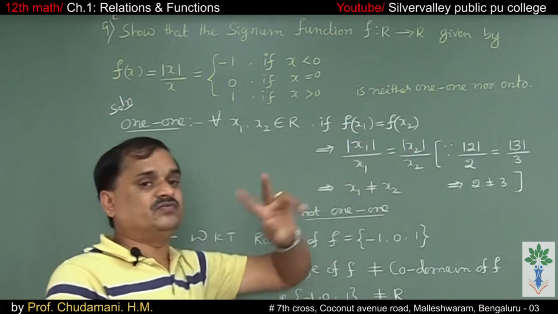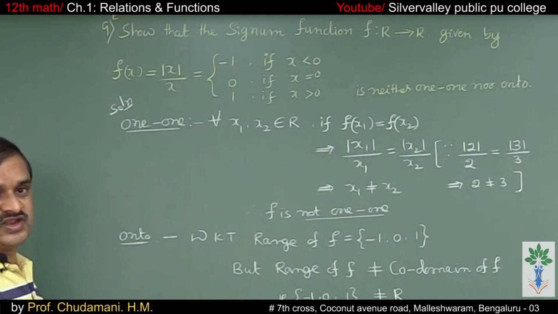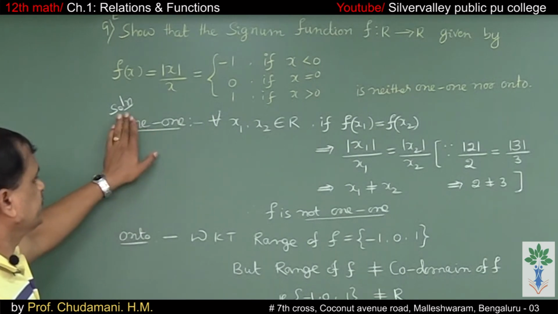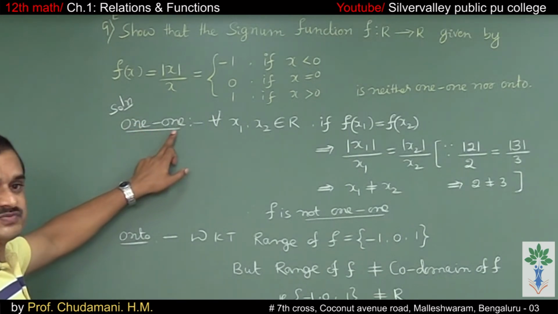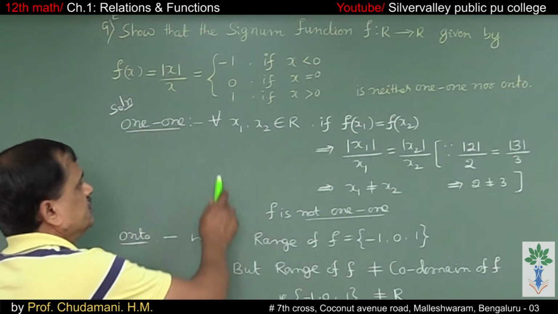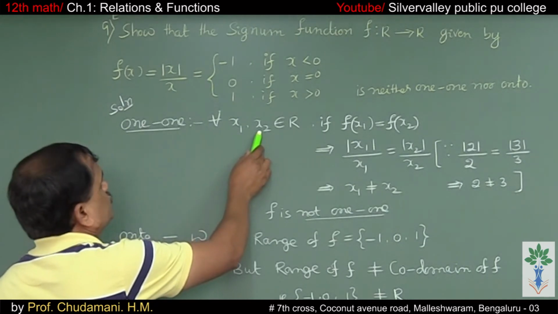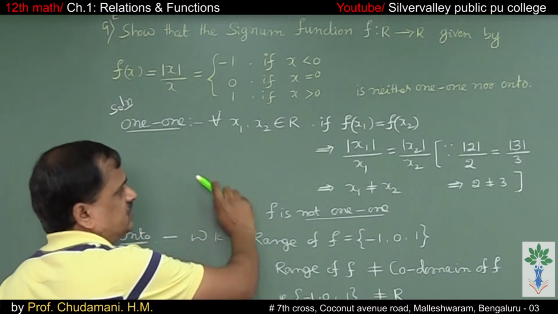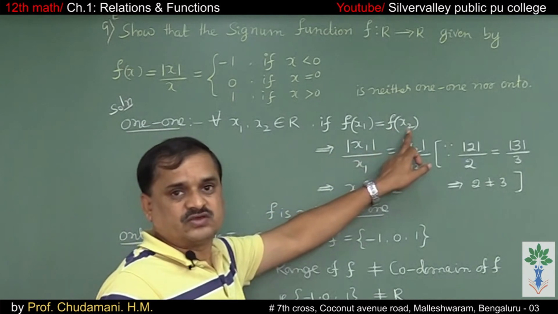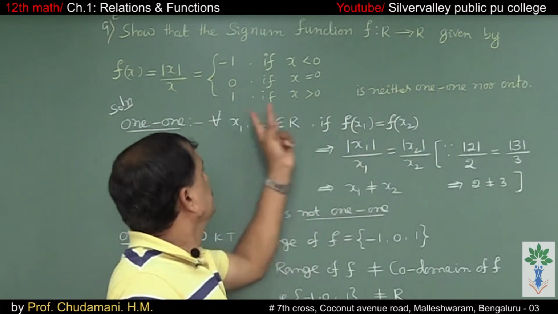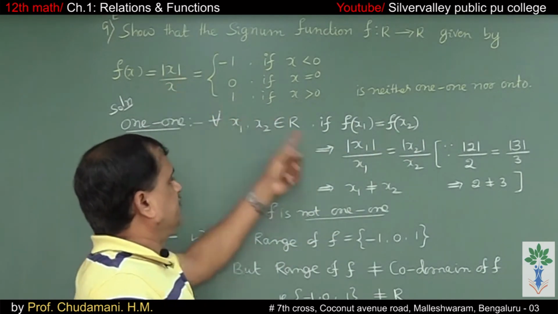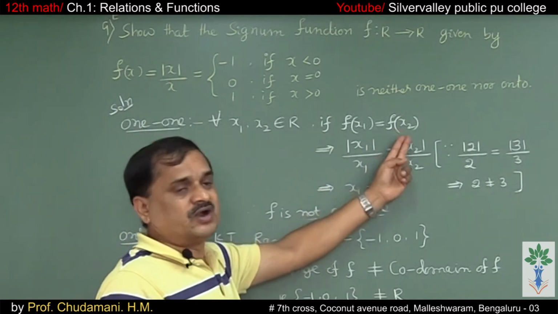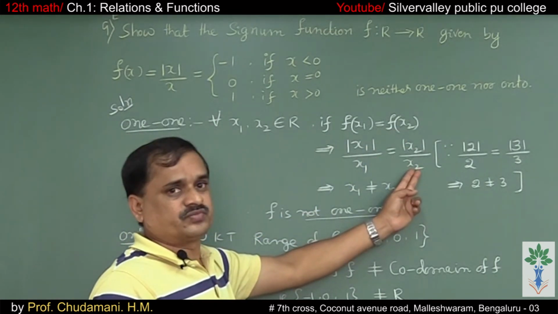It is neither one-one nor onto, we need to show. Solution. So, let us verify one-one function. For all x1 and x2 belongs to real numbers, if f of x1 equals f of x2 implies mod x1 divided by x1 equals mod x2 divided by x2.